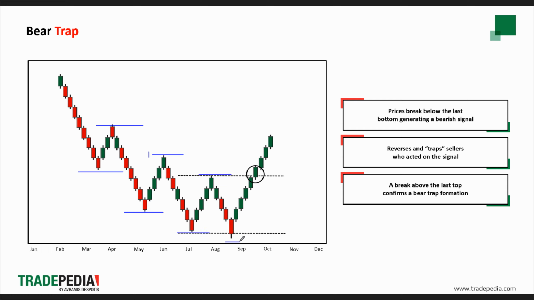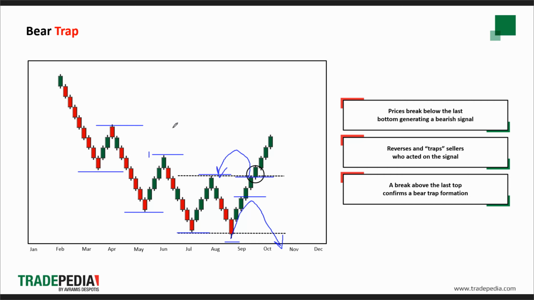Now you have a lower low. What do you need to do? The market needs to make a lower high and reverse down to confirm that this is not a bear trap. But what happens? Now the market makes the same high as the previous one. So you know for sure that this is a bear trap, so there's no reason for you guys to go short.